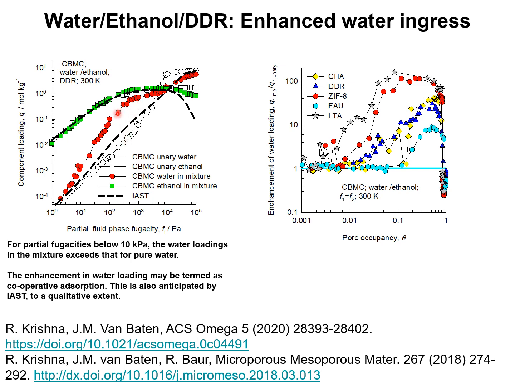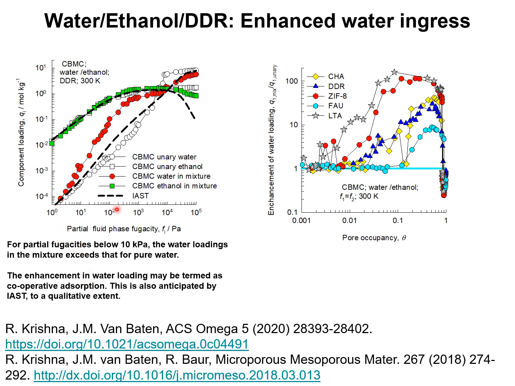This is the consequence of enhanced water ingress due to the fact that the water molecules are bound to ethanol molecules due to hydrogen bonding, and they ride piggyback on the ethanol and get co-adsorbed with ethanol. This phenomenon, in which the component loadings in the mixture are higher than the pure component loadings compared to the same partial fluid phase fugacity, is called cooperative mixture adsorption.